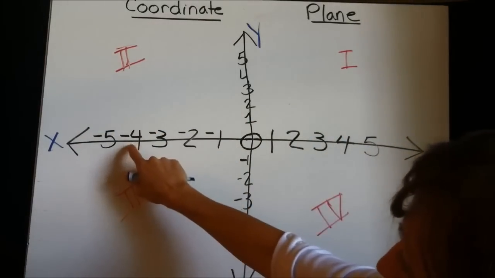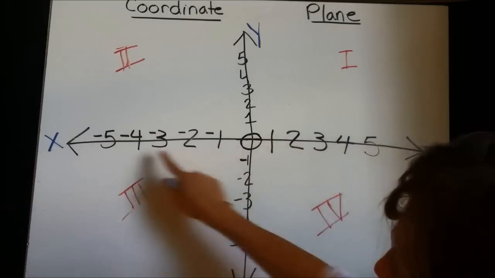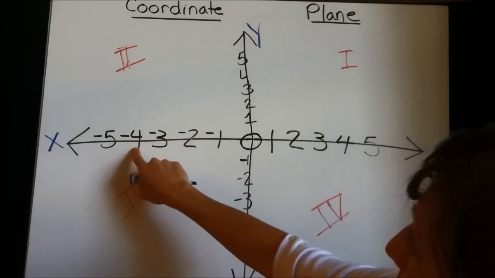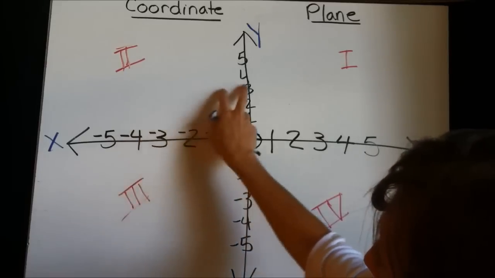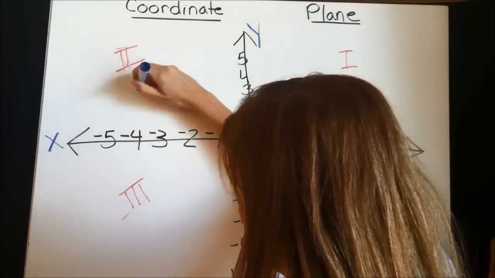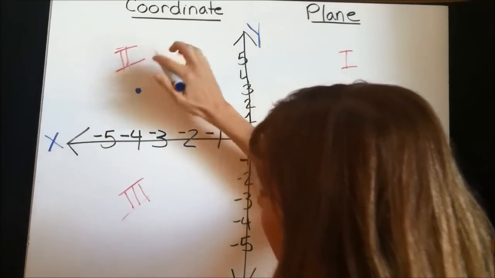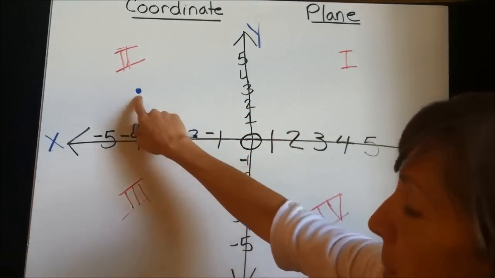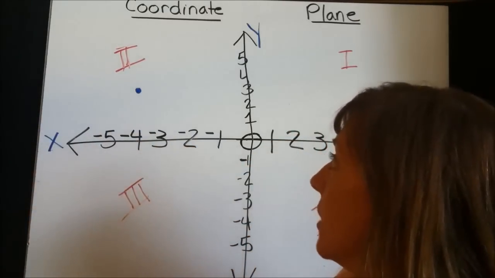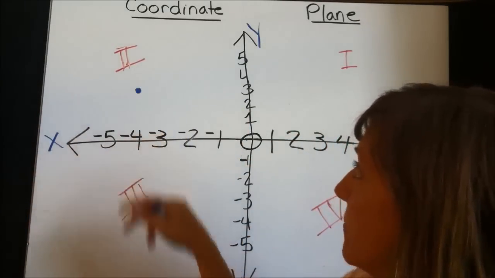So -4 would be on this axis, and then y, the next letter of the alphabet, would be the 3. So I'd go -4, 3, and I'd find where those 2 numbers meet, and I'd put a point there. And this is where I would drop off the food supplies if I were a pilot looking for this location.